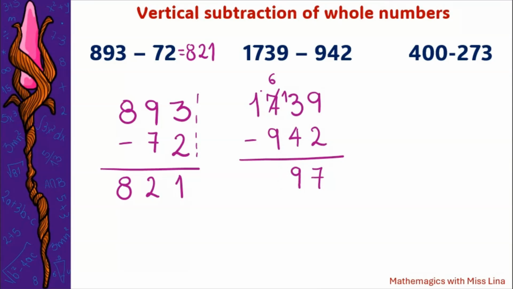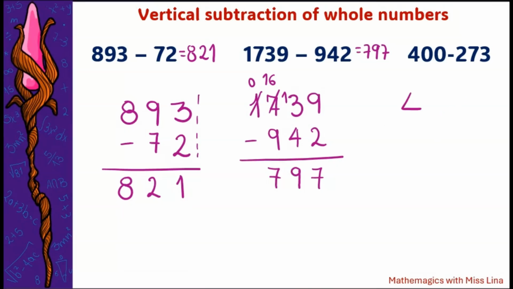So we borrow again. This becomes a 0. It doesn't have anymore. And 16 minus 9 is 7. 0 minus 0 is 0. You can write it or you can just leave it, because a 0 on the left is the same. So this is 797.